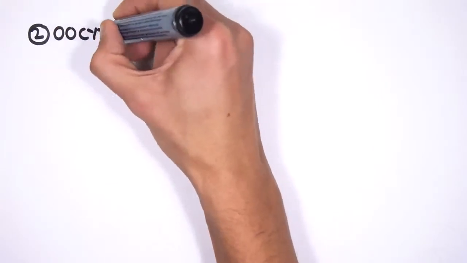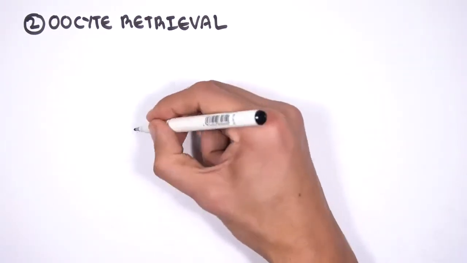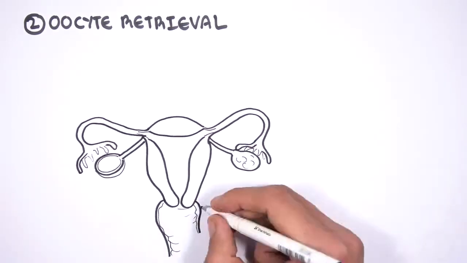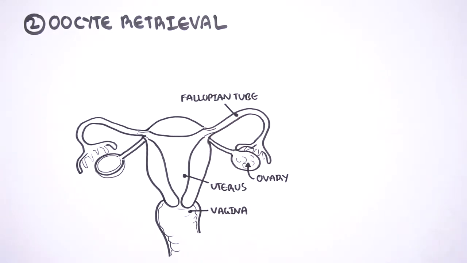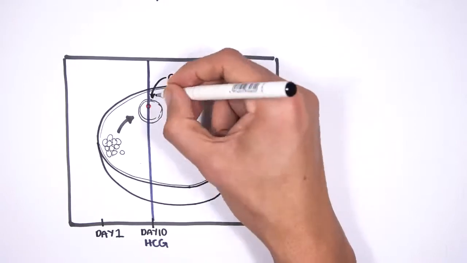This brings us to step 2 of in vitro fertilization, which is oocyte retrieval. Here again is the lower female reproductive tract, the vagina, the uterus, the fallopian tube, and the ovary. The eggs are collected about 36 to 38 hours after the injection.